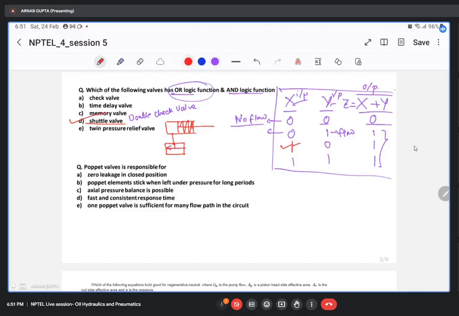So if you look at the circuit, it looks like this. Now this will be connected to one push button. This is a spring loaded manually controlled push button switch, say S1.